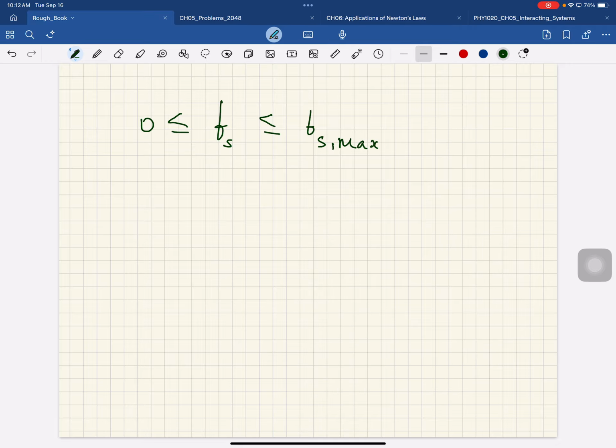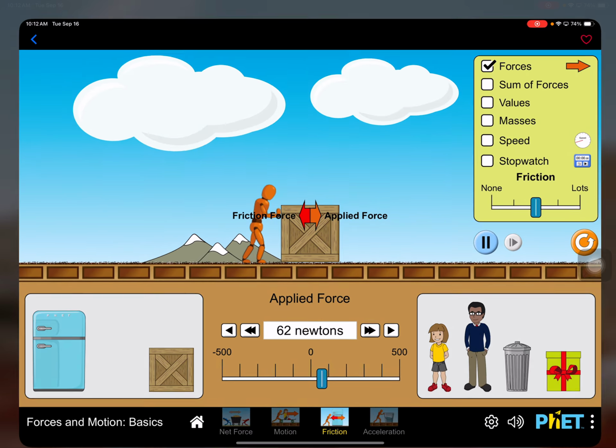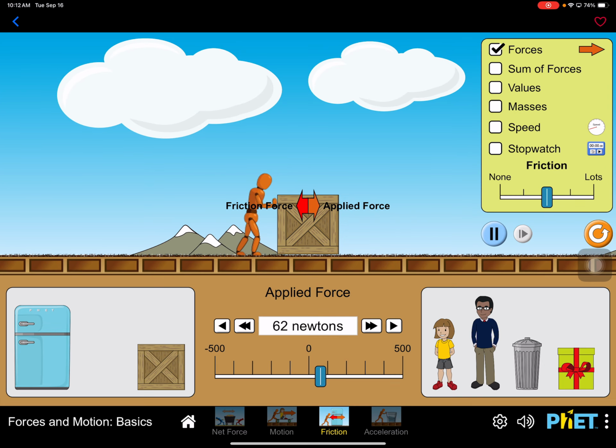If you did this over here, you will find the maximum static friction force. So you can see that I've applied 110 newtons of force and it's still not moving. So the maximum static friction force is greater than that.